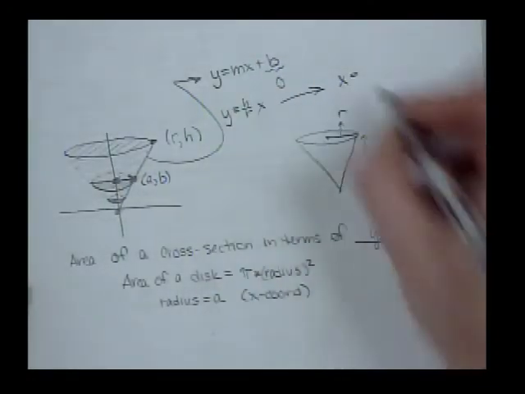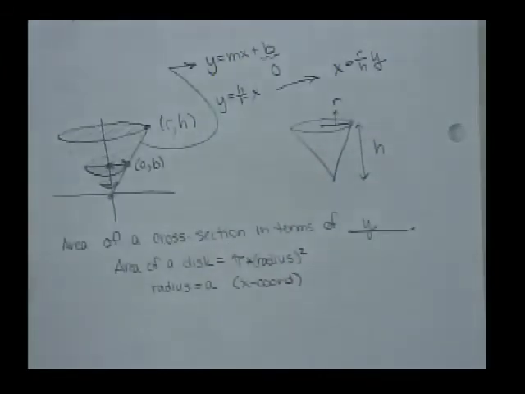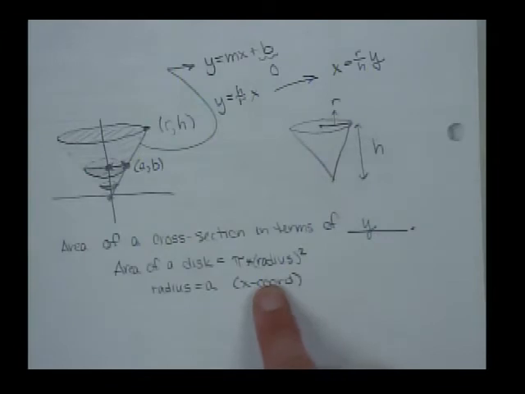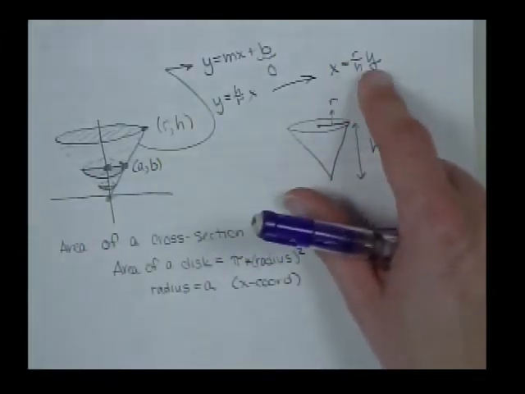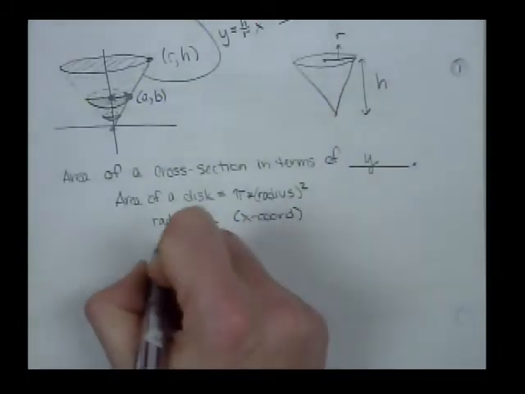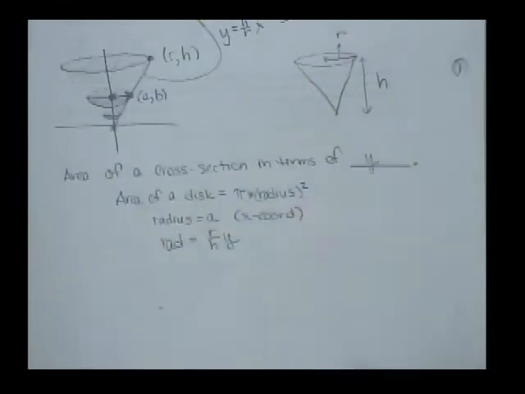So x is, and we're just going to multiply both sides by r over h. So if the radius is equal to the x coordinate, this is the x coordinate in terms of y. So now we can use that the radius is equal to r over h times y.